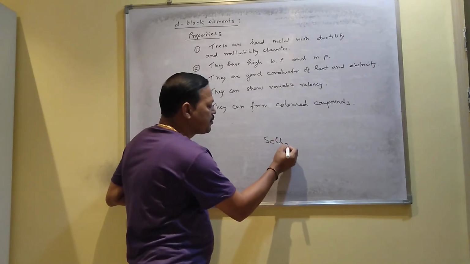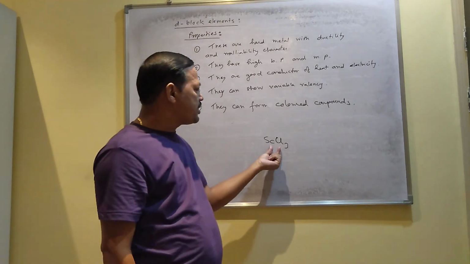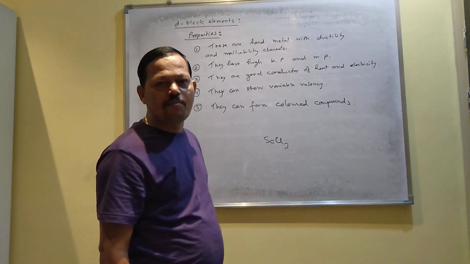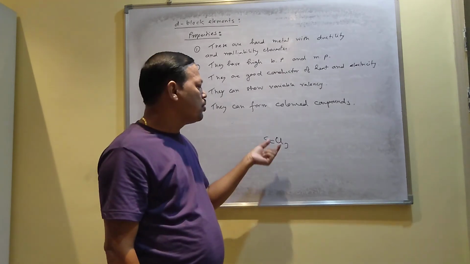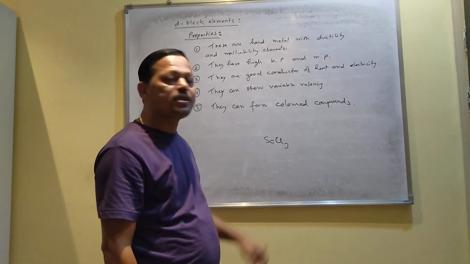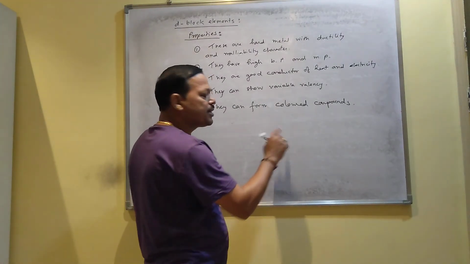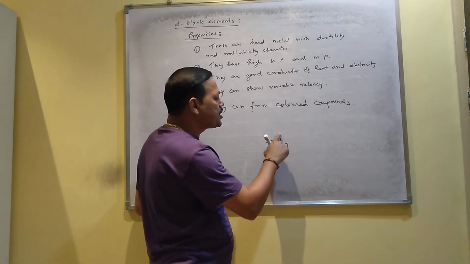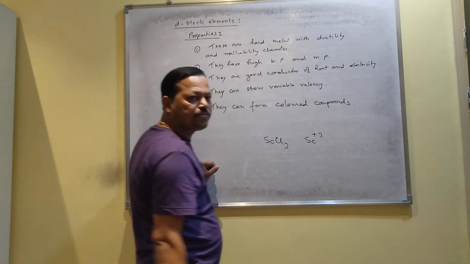Scandium chloride, this is one of the compounds. If someone asks whether this is a colored or colorless compound: here a transition metal, scandium, is present, and as I have told you, compounds containing transition metals are usually colored. In scandium chloride, chlorine is always -1 charge. Here 3 chlorines means -3, so scandium will be +3.